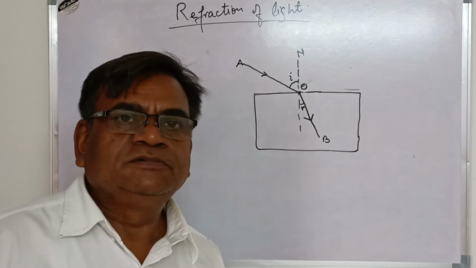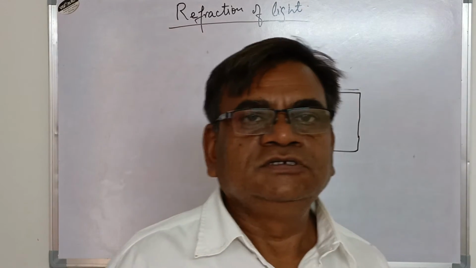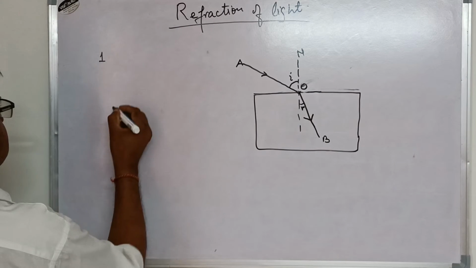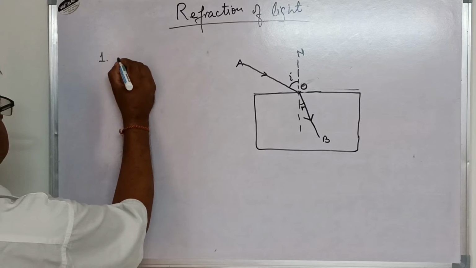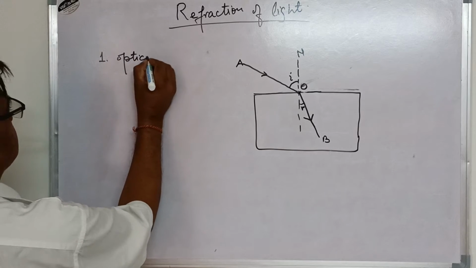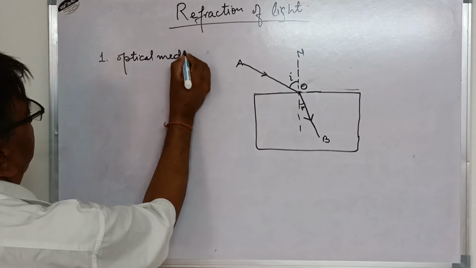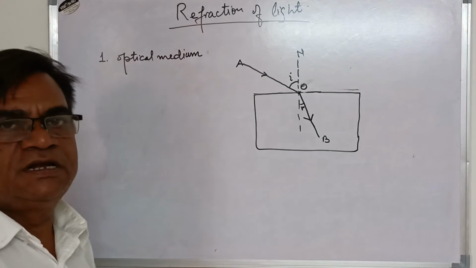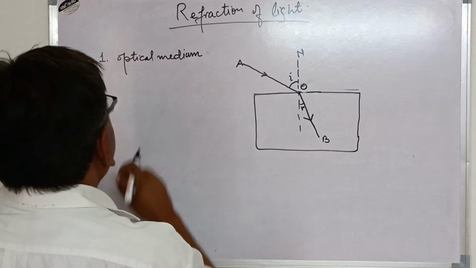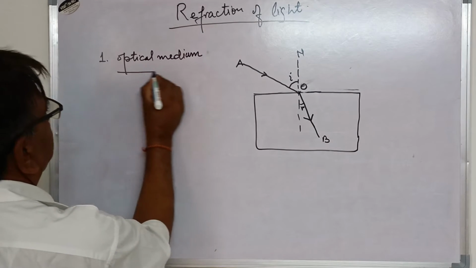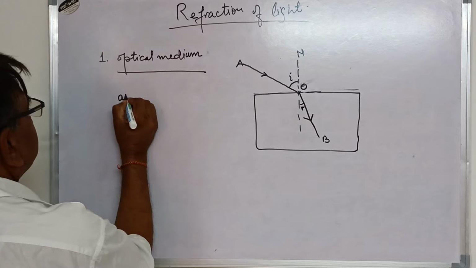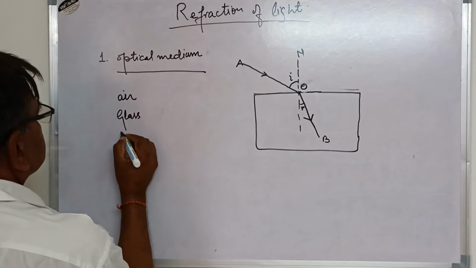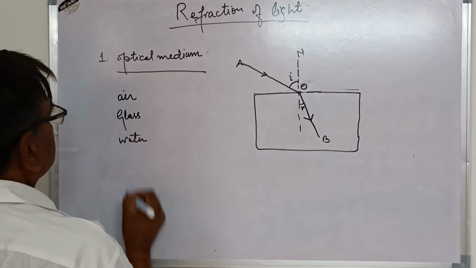Now we have to know some terminology used in refraction. The first one is optical medium: the medium in which the light travels. Let it be air, glass, water, and so on.